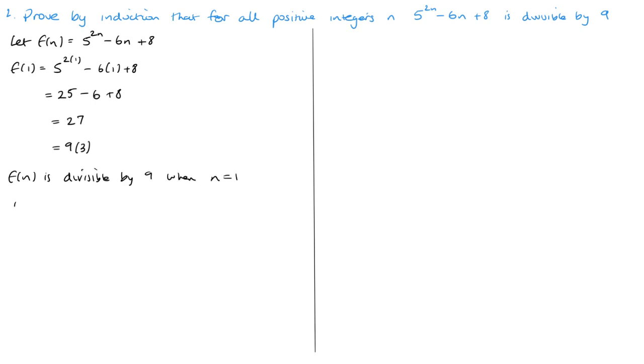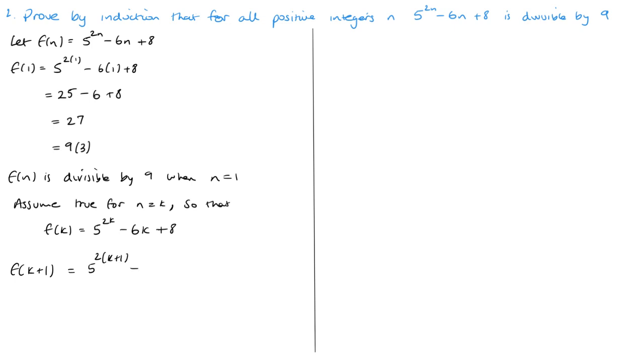And then we want to assume true for n equals k. And then f of k plus 1. Okay, so this is going to be 5 to the 2k times 5 to the power 2, minus 6k minus 6 plus 8.